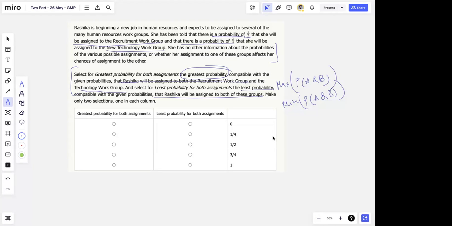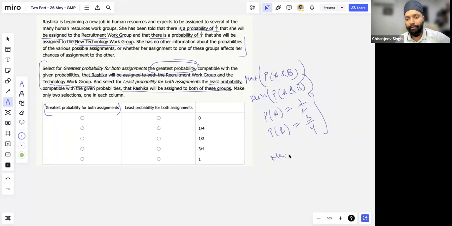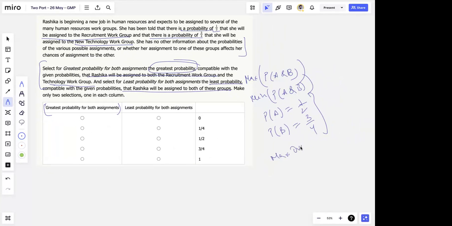Okay. So for greatest probability, let's say P of A is 1/2 and the other is 3/4. So the maximum overlap between these two can become 1/2 only, because the maximum cannot be greater than the least of these two.